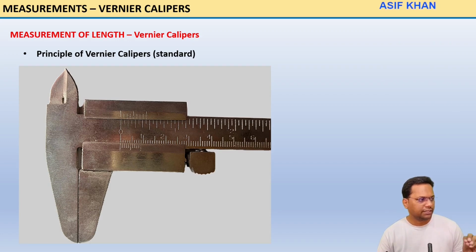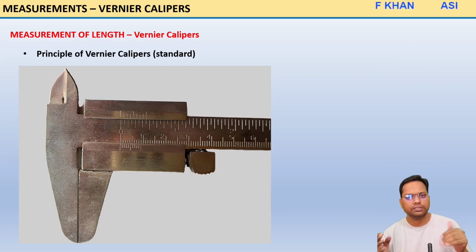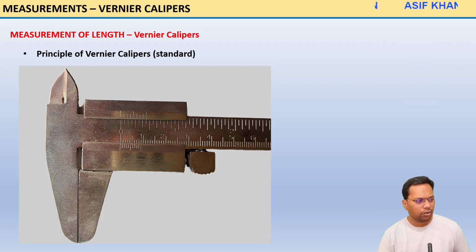Now if you look at the magnified figure of the Vernier calipers, you can see there are 10 divisions on the Vernier scale and the entire length of the 10 divisions is coinciding with a few divisions on the main scale. So now we take the line diagram of this part to understand more clearly. We take the magnified picture of this part.